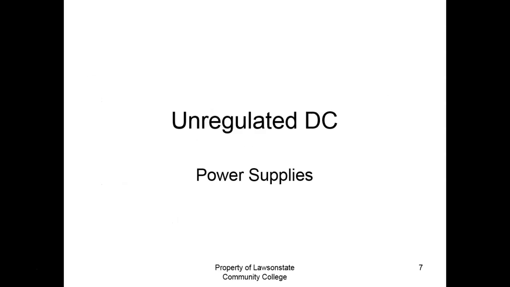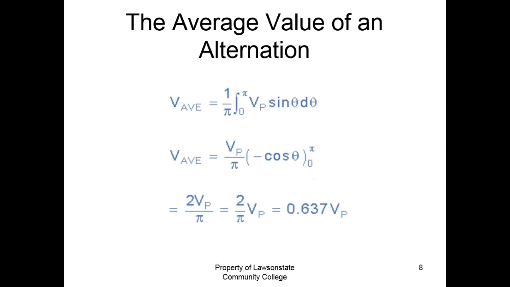Unregulated DC power supplies is what we're going to look at right now. So this is the actual formula for the average value of an alternation, which looks very complex.